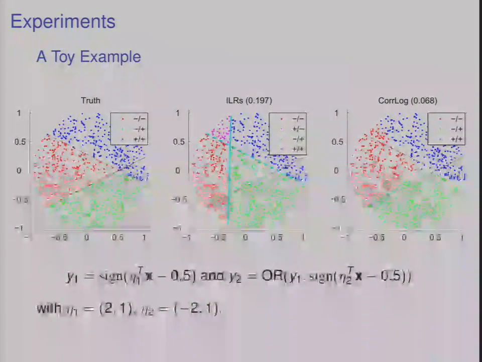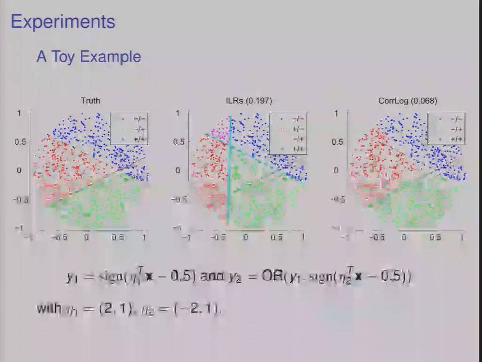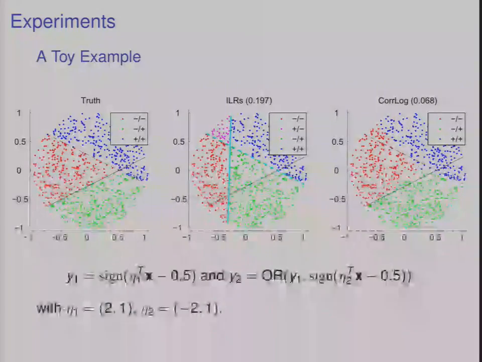Although this example shows the advantage of CorrLog on joint prediction of multiple labels, it also shows some drawbacks of CorrLog. This is because we can see that we still have 6% errors. Where does this error come from?